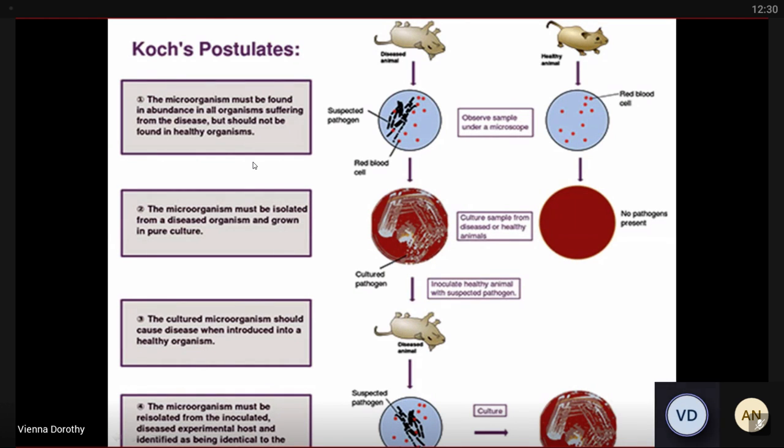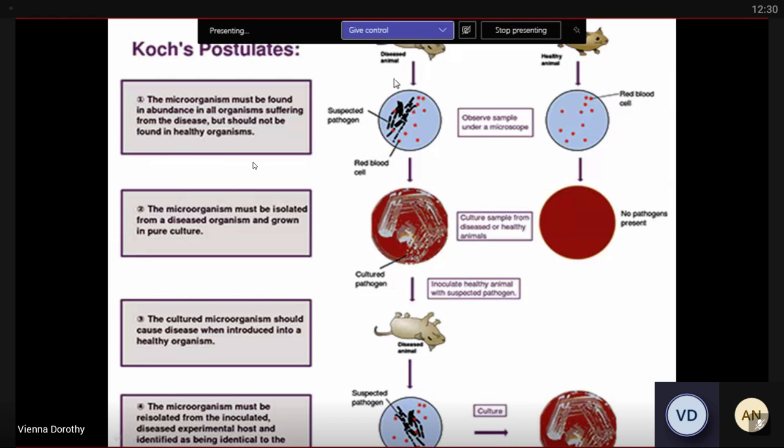Now quickly we'll see what all the postulates are. If any animal or individual is suffering from a disease, it is because of the presence of microorganisms. I should be able to see those microorganisms. That is the first postulate. Those microorganisms, I should be able to grow in the culture media, the laboratory conditions.